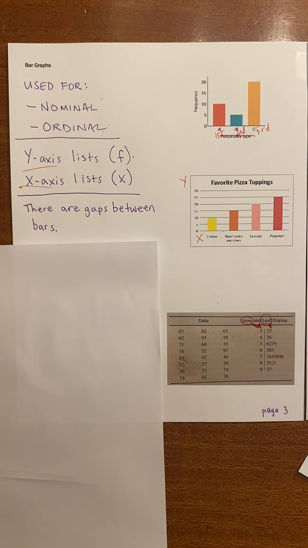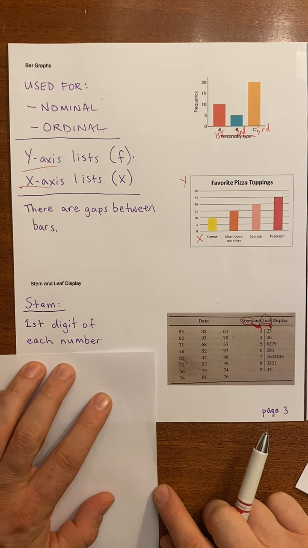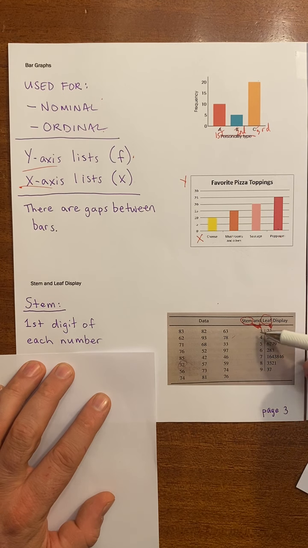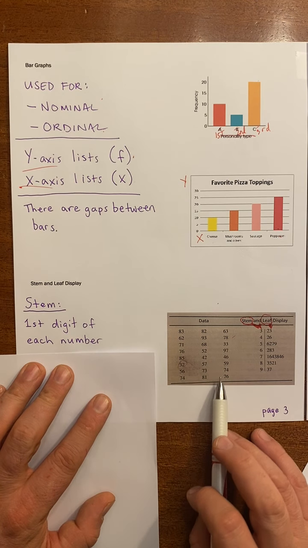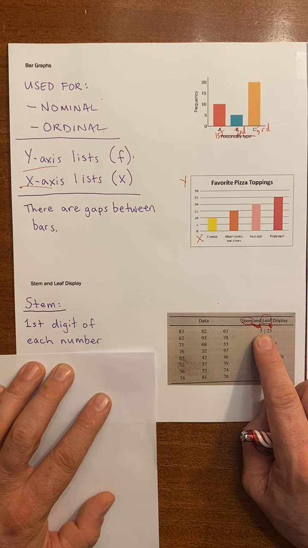So what are each of these columns doing? Well, let's say that for the stem, you've gone through your data, and in your stem, you've just written down the first digit of each number that you see in your data. So for instance, we've got this 3 here.